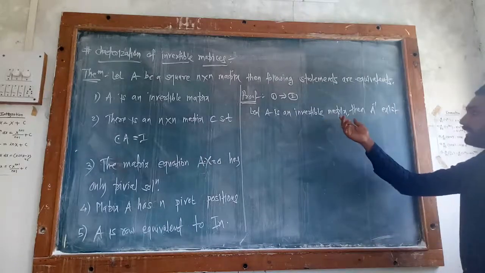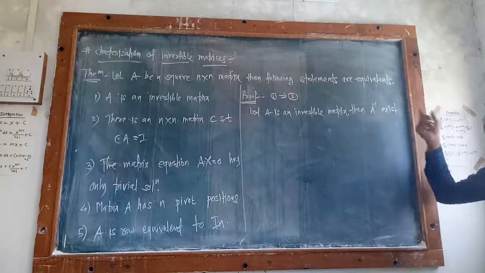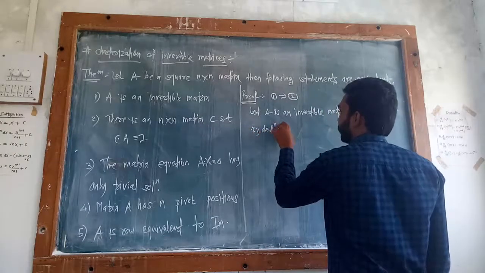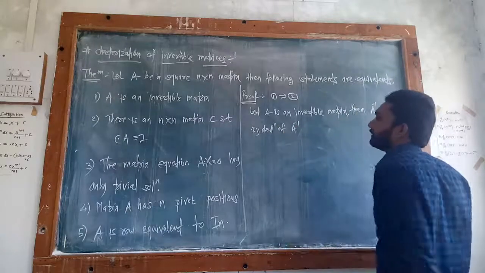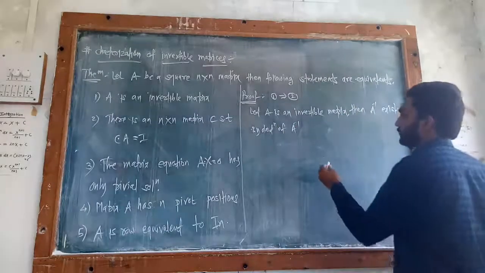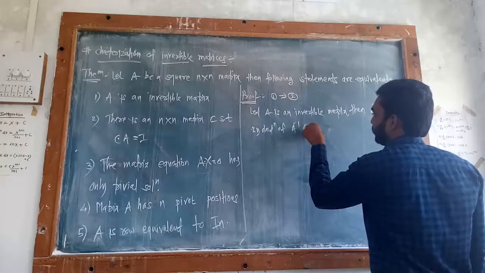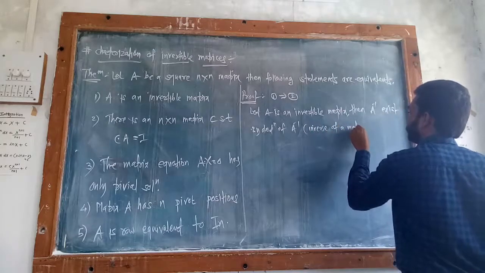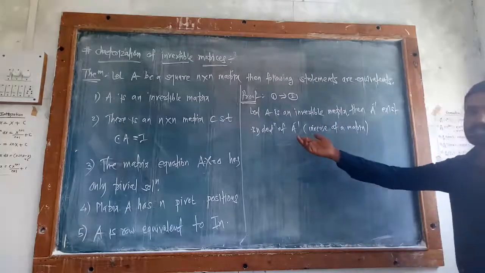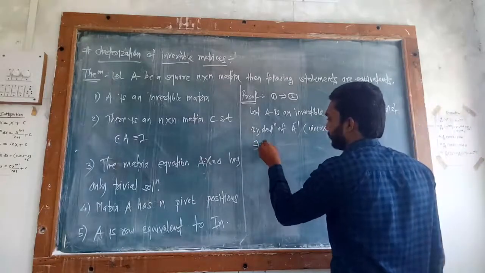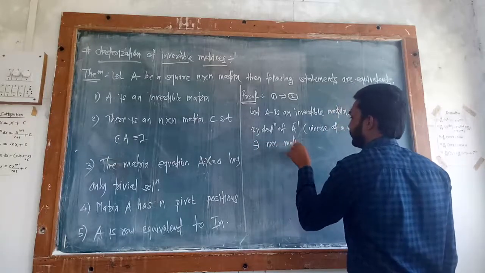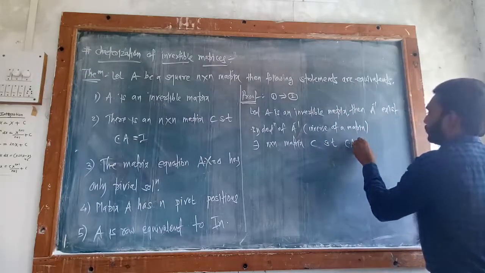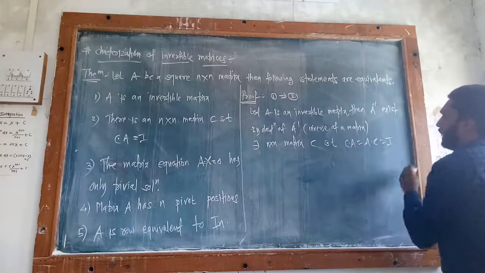Therefore, by definition of inverse of a matrix, there exists an n cross n matrix capital C such that C into A equal to A into C equal to identity matrix.